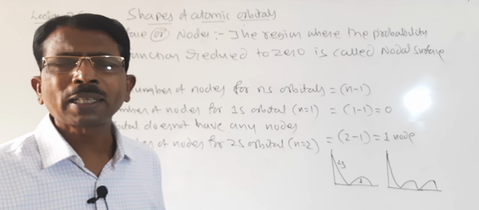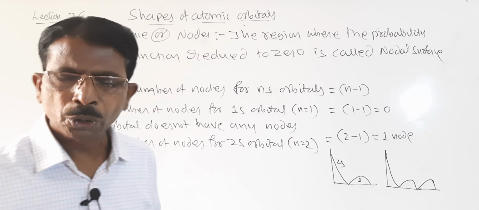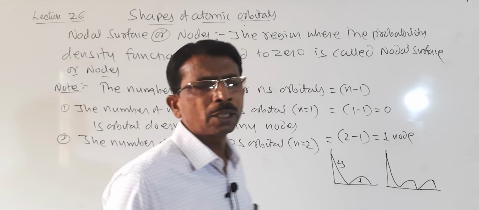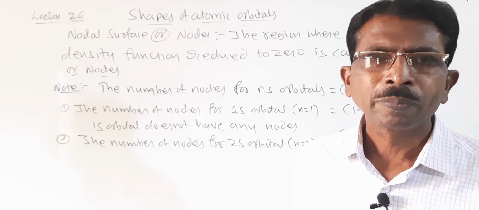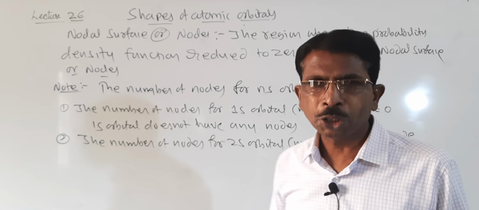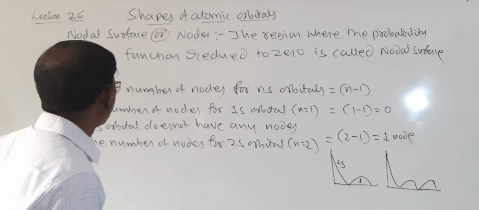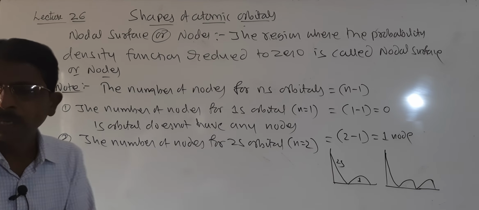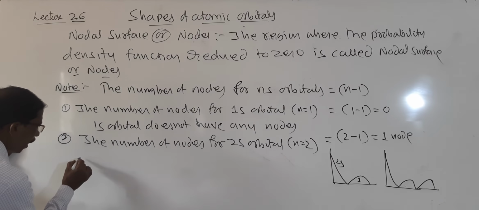And then what are the shapes of 1s and 2s orbitals? We know that 1s and 2s orbitals have a spherical shape, in which the electron density is equally distributed in all portions.